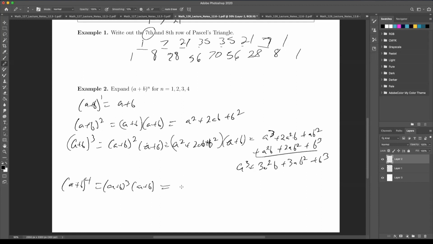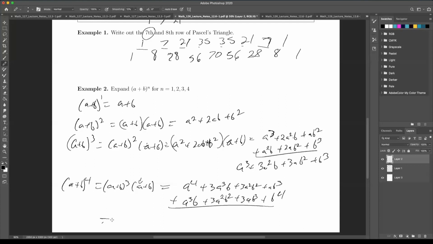So if I multiply this by a, so this multiplied by the a is going to give me a to the fourth plus 3a cubed b plus 3a squared b squared plus ab cubed. And then I'm going to add to that the b, multiply this by b, so I'll get a cubed b plus 3a squared b squared plus 3ab cubed plus b to the fourth.